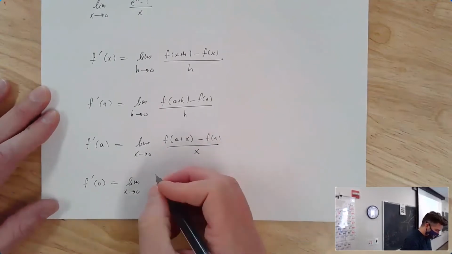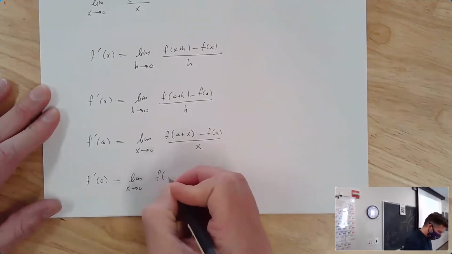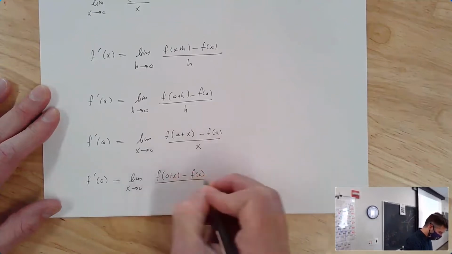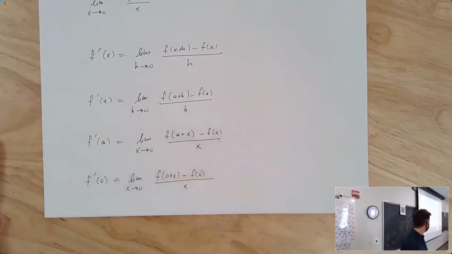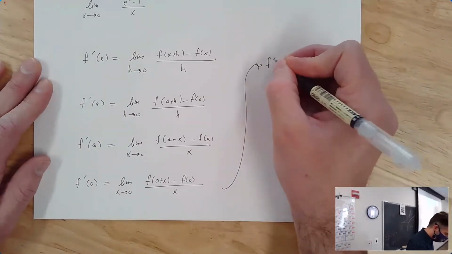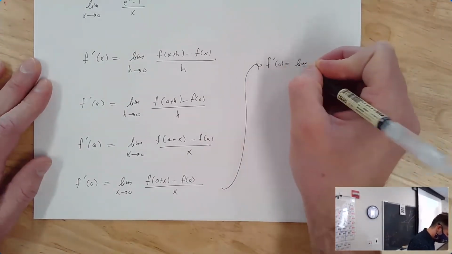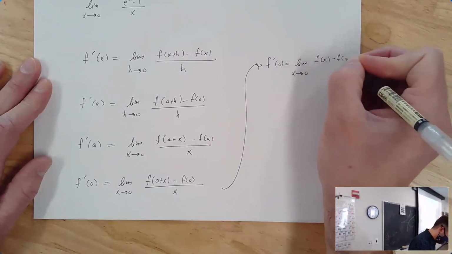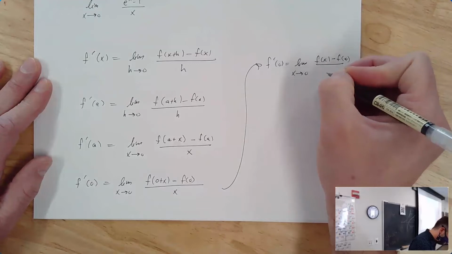That's going to be the limit as x goes to 0 of f of 0 plus x minus f of 0 all over x. Or if you prefer, the limit as x goes to 0 of f of x minus f of 0 all over x.